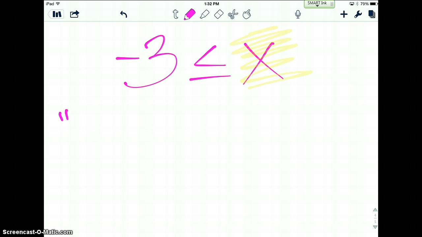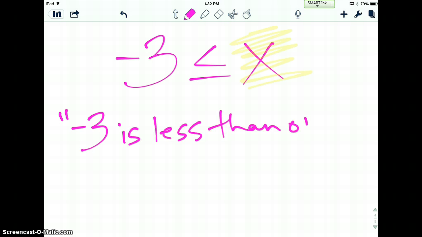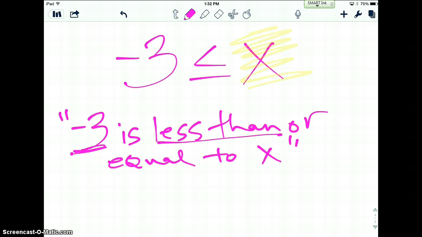So when I read it through, I'm at -3 is less than or equal to x.